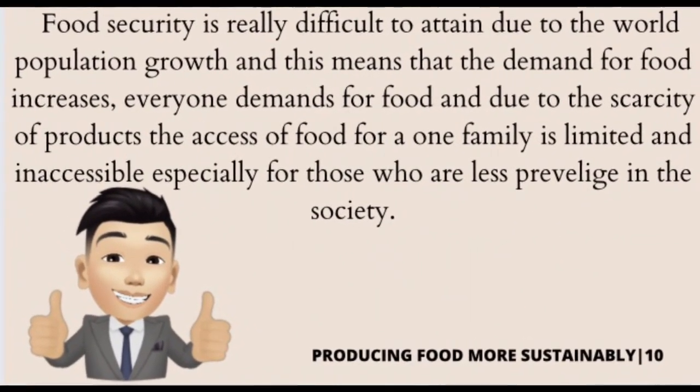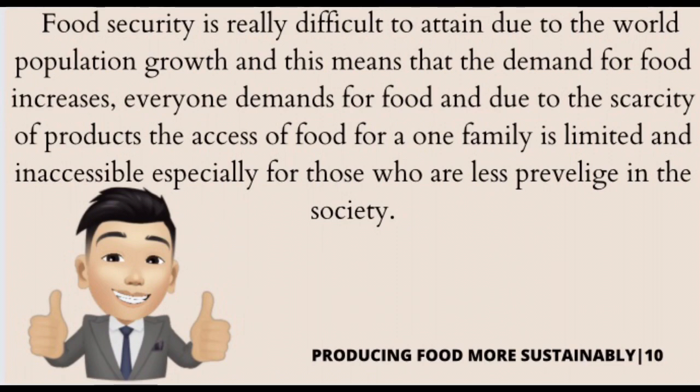Alright, so let's move on to the next topic, which is producing food more sustainably. So the question here is, explain food security and why is it difficult to attain? Food security is the measure of an individual's ability to access food that is nutritious and sufficient in quantity.